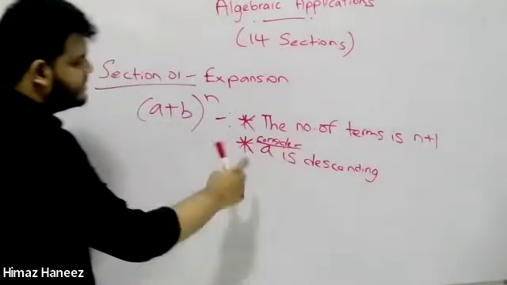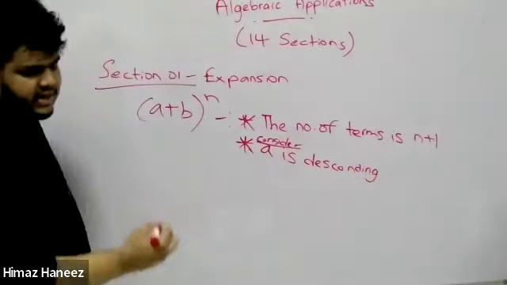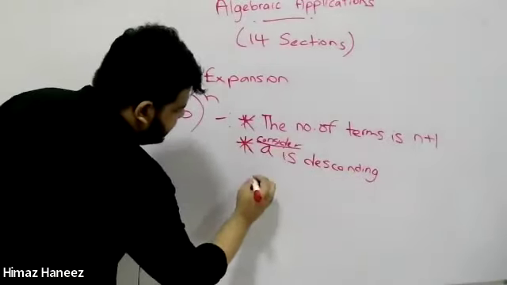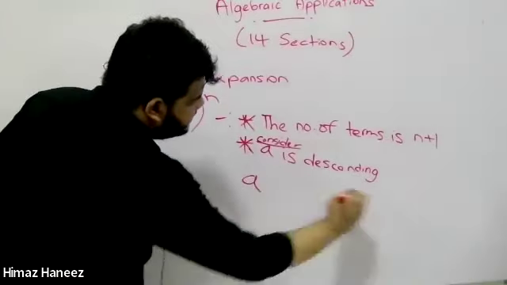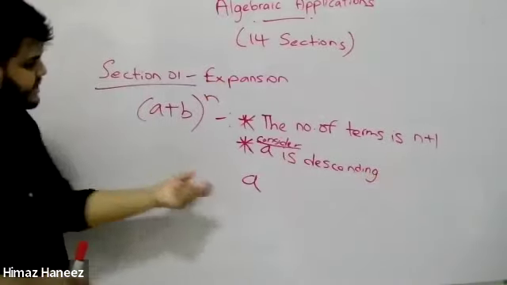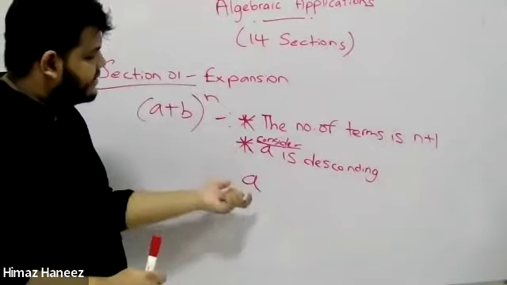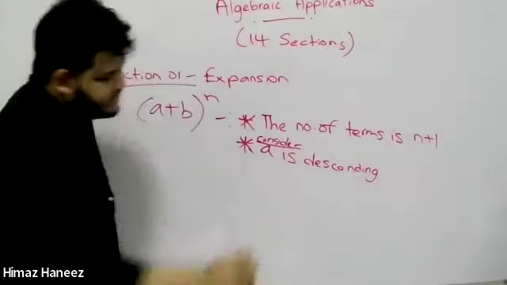What they told is, if we start with the highest power of a, then the power of a keeps on decreasing. What does that mean? If we start from a with the highest power, the power of a keeps decreasing. Same example.